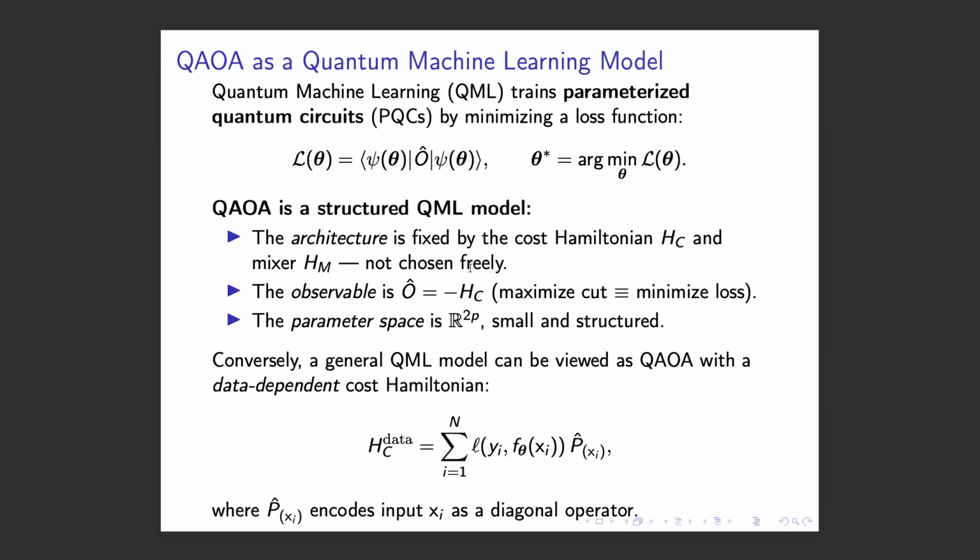So a general quantum machine learning model, on the other hand, can actually be viewed as this QAOA with a data-dependent cost Hamiltonian. Because in our case now, we are not looking at the specific way we are encoding the data. We are coming back to this now.